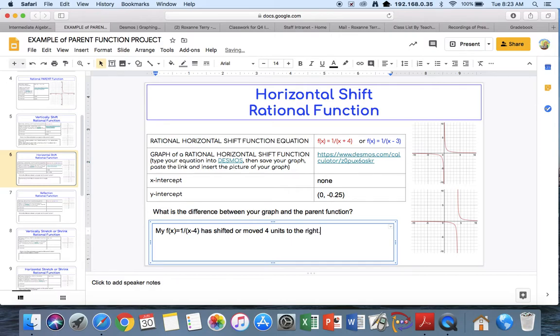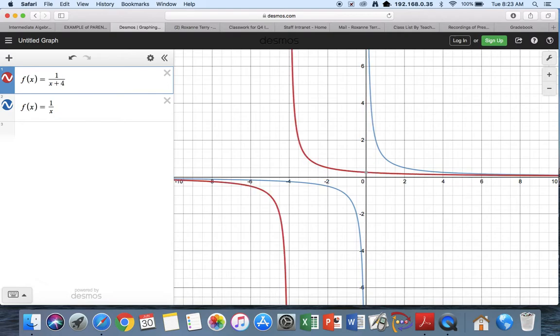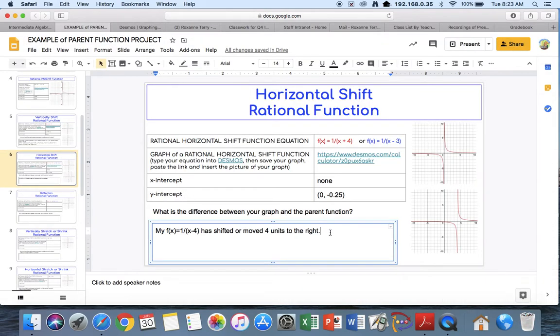Well, let's see what would have happened if it was a plus 4. So let's go back to DESMOS. Let's just change this to a plus 4 in here and just see. Plus 4 looks like it moved 4 units to the left. So we can just write the whole thing again.